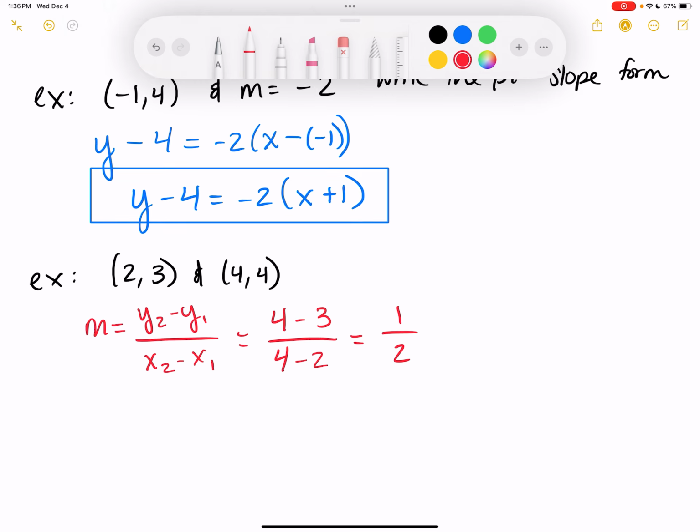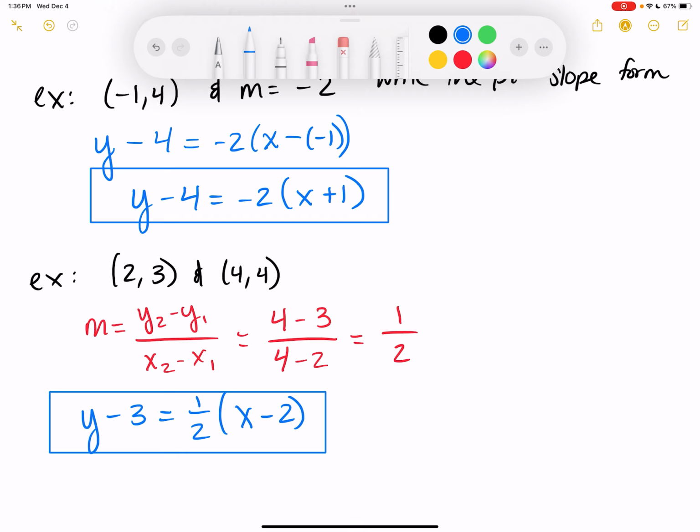So we have y minus y1 is 3 equals m, which is 1/2, times x minus x1, which is 2. And this would be one of your equations that would work, when using point 1.